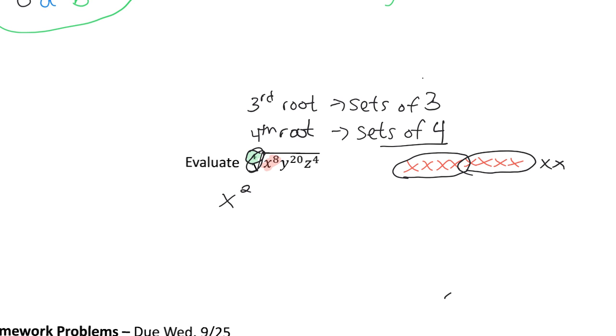Okay. Next I have is y to the 20. I'm going to write out 20 y's. It's going to take me forever. If it helps to write them into groups of 4, do it that way.